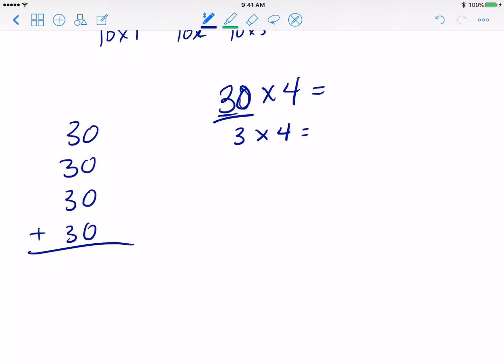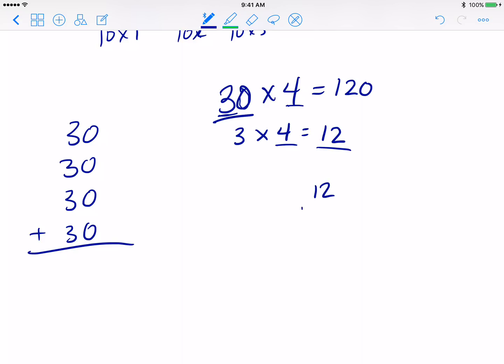Our 4 is a 4 in both of them. So if I know what 3 times 4 is, 3 times 4 we know is 12, 30 times 4 is just going to be whatever 3 times 4 is, just 10 times bigger. So it's going to be 120.